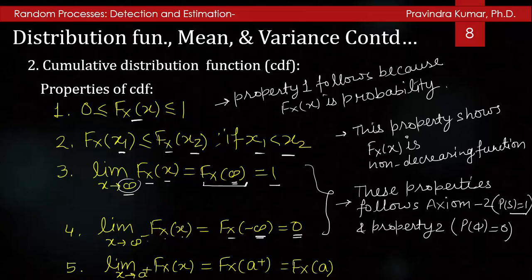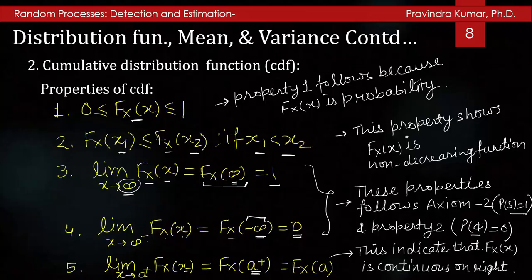The fourth property, which follows from the second, is that the probability of the null set is 0, because there are no outcomes in it. And the fifth property: the limit as x tends to a plus of Fx(x) is Fx(a plus), which equals Fx(a), and this indicates that Fx is continuous on the right.